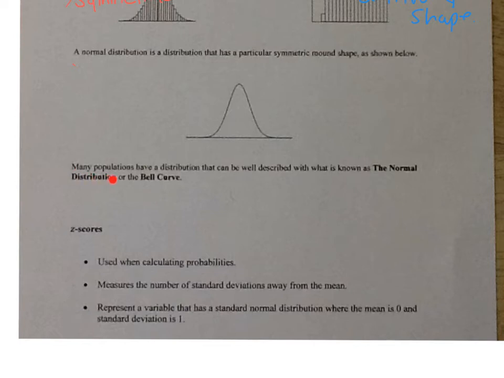Many populations have a distribution that can be well described with what is known as the normal distribution or the bell curve. Something you always hear them using the bell curve for is when someone has a baby, and if you hear someone say, what percentile is your baby's weight in, or my baby's height is in the 95th percentile, they're talking about this bell curve.